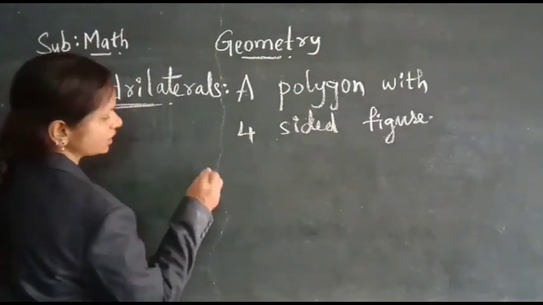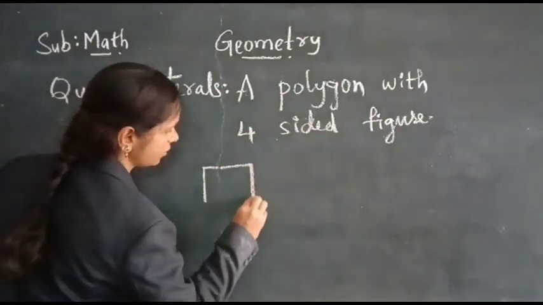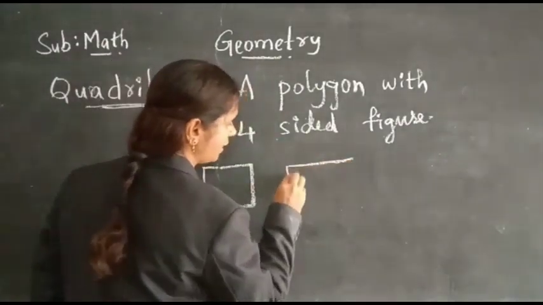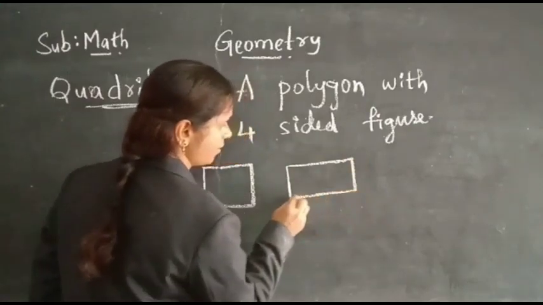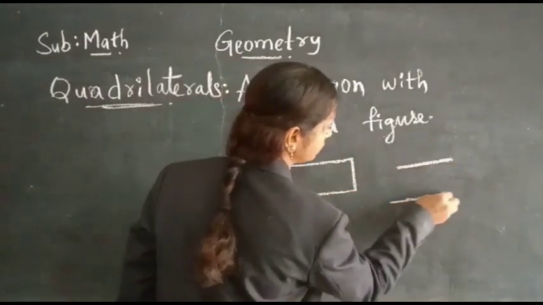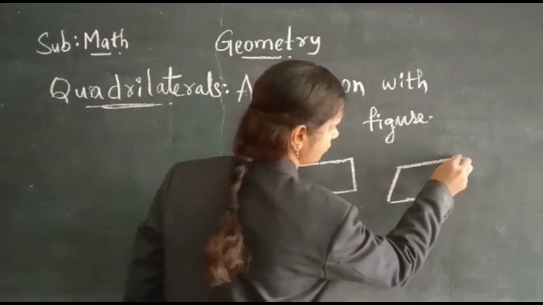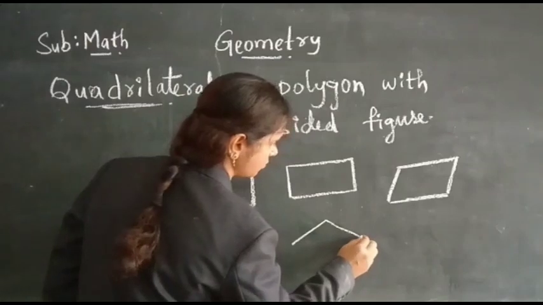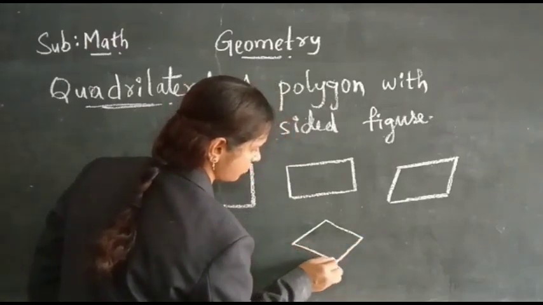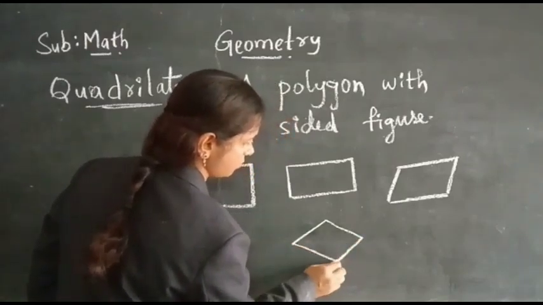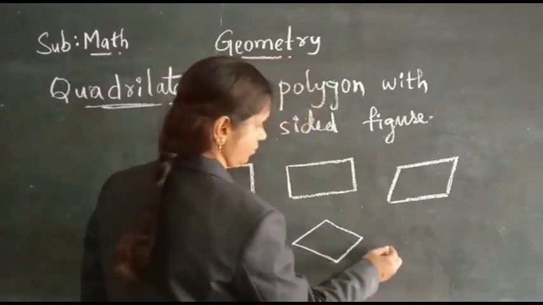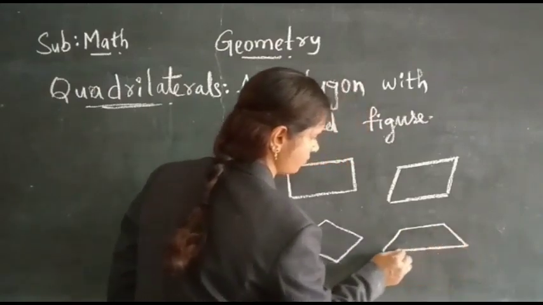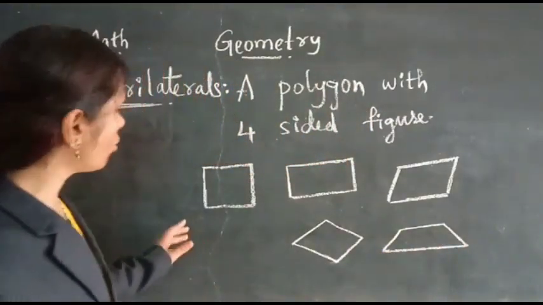See, for example, square, rectangle, parallelogram, rhombus, trapezium. These are all quadrilaterals.